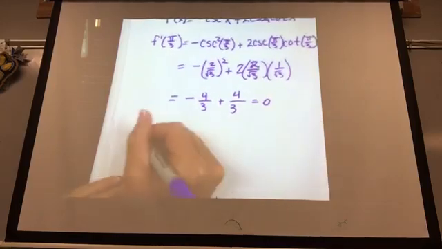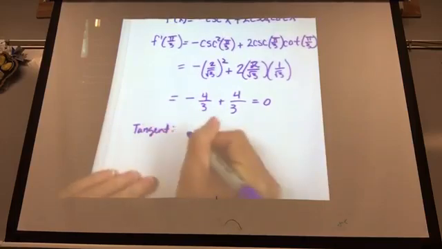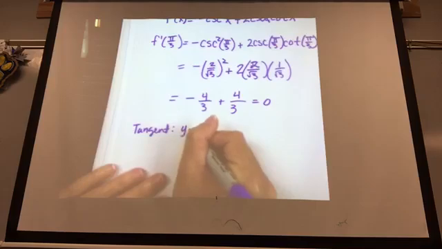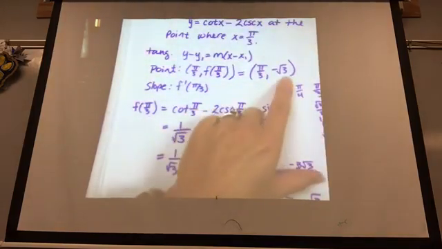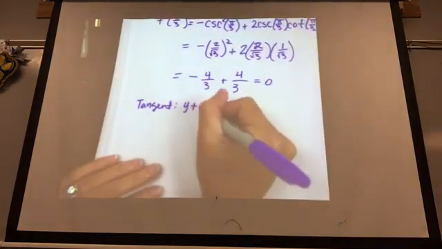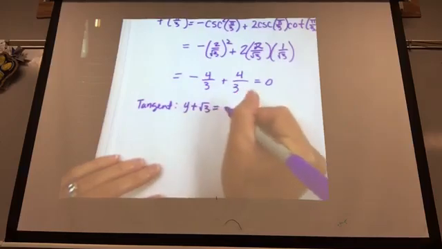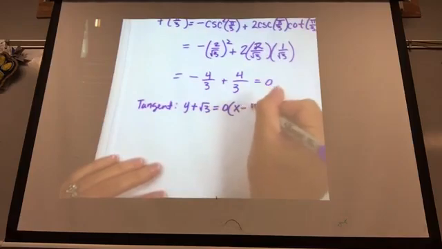So now putting it all together, my tangent line, we have y minus, what was our y value? If I go back and look, it was negative square root of 3, so it's actually going to be written as plus the square root of 3 equals 0 times x minus pi over 3.